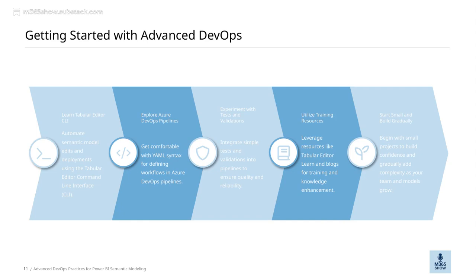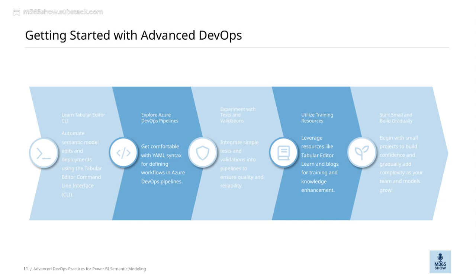Another crucial point is to integrate simple tests and validations into your pipelines. Doing so helps maintain quality and reliability as your models evolve. Even basic checks can catch issues early and save a lot of trouble down the line. It's also important to get comfortable with YAML syntax. Defining workflows in Azure DevOps pipelines using YAML might seem daunting at first, but with practice, it becomes second nature.